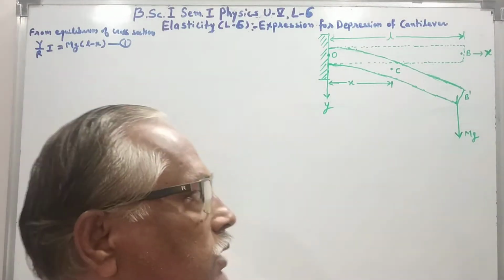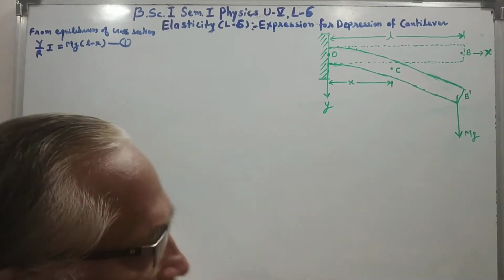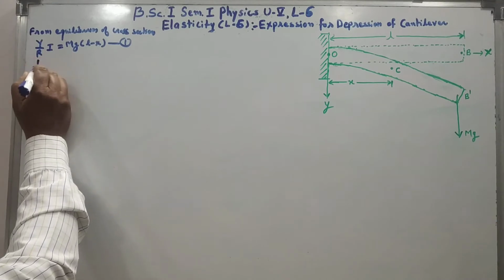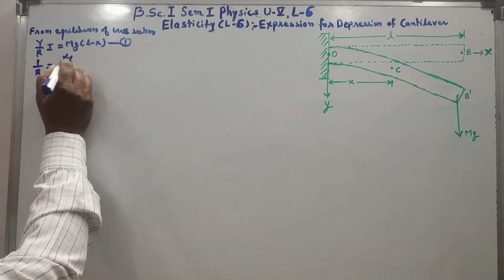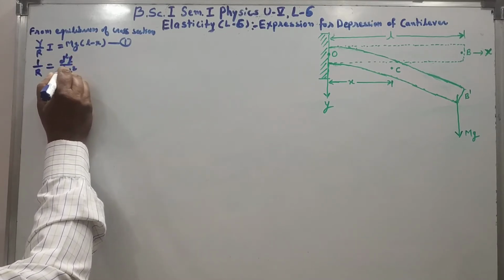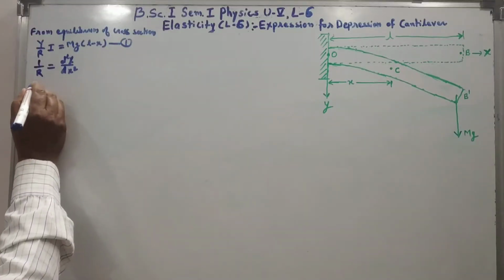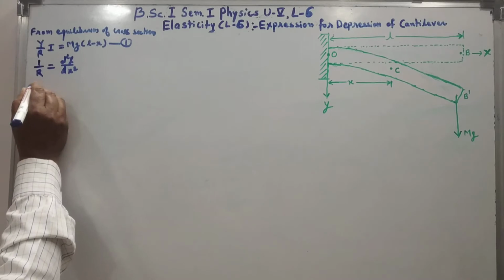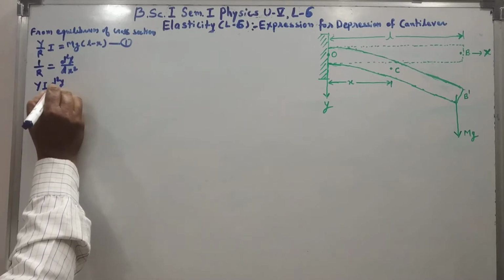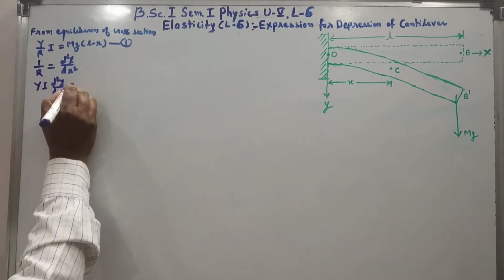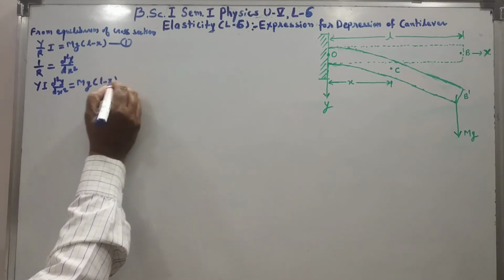The total depression of the beam is assumed to be small, and hence 1 by R, the radius of curvature, is given by d2y by dx square. Putting this value of 1 by R in equation 1, we have Y into I d2y by dx square is equal to capital M G into (L minus x).